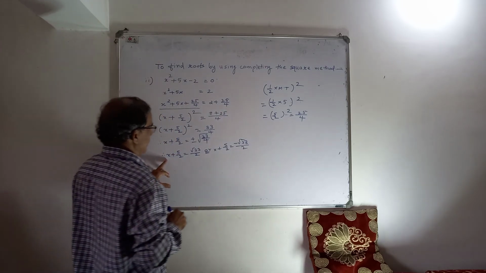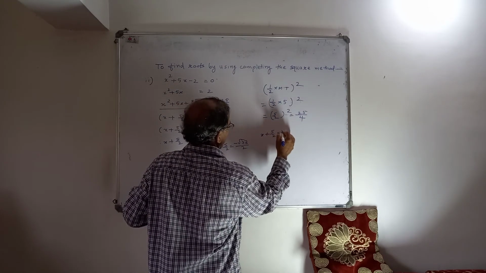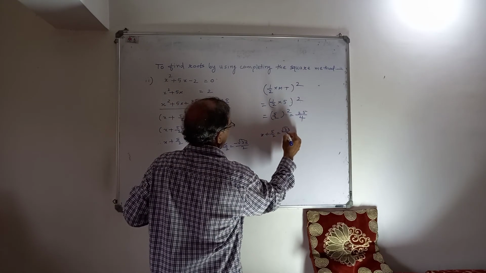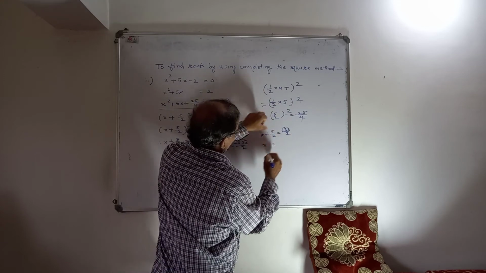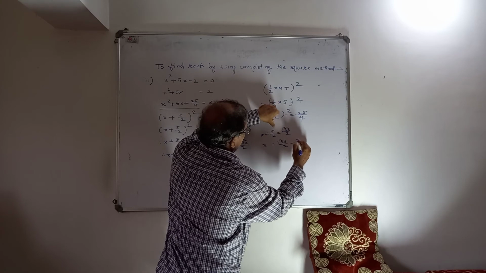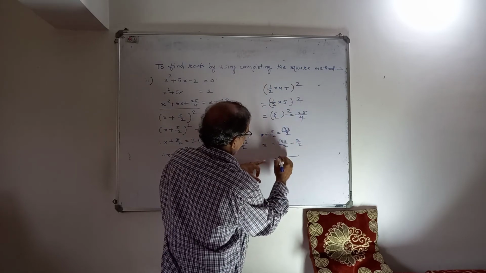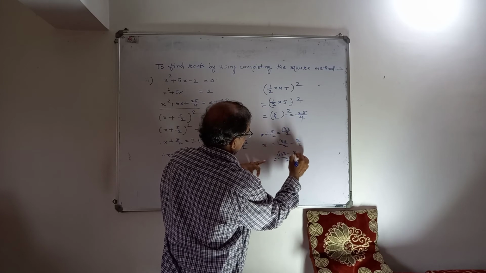Now see, listen here, x plus 5 by 2 is equal to root 33 upon 2. So what do we write? X is equal to how much? Root 33 upon 2 minus 5 by 2. So denominator same, so whole upon 2 and root 33 minus 5.